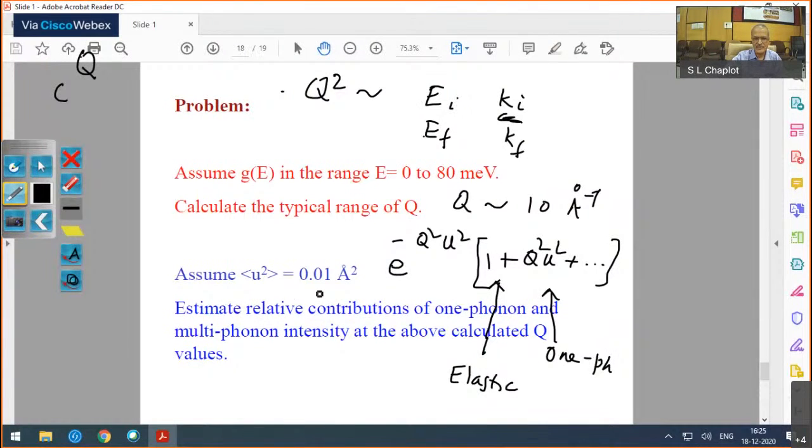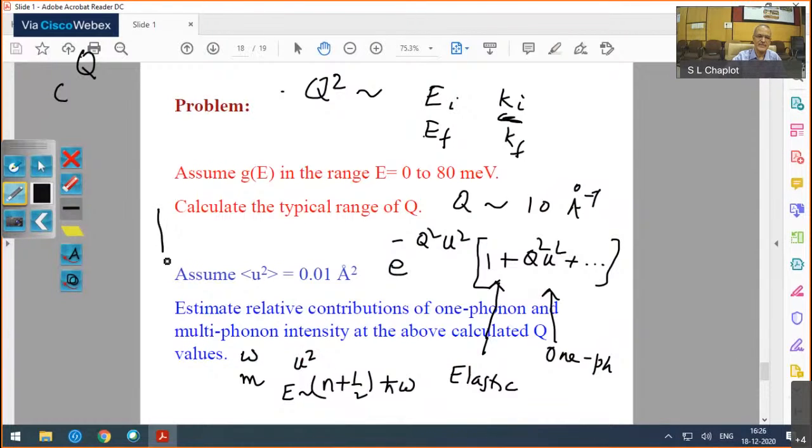You can also try to calculate, for a given system, suppose I know what is the frequency and what is the mass of the oscillator, essentially these are simple harmonic oscillators. If you know the angular frequency and mass of the simple harmonic oscillator, then you can work out what is u square, that is the root mean square displacement of the atom, using the total energy equal to n plus half h bar omega, and you can see how it's related to temperature.